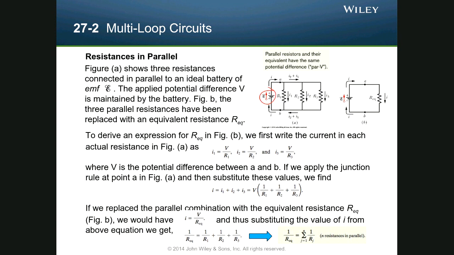They'll all just split down each of these branches. Even though we have different currents going across each resistor, each one of these points connects to the positive and negative end of the battery, so the potential difference across each of them will be the same.